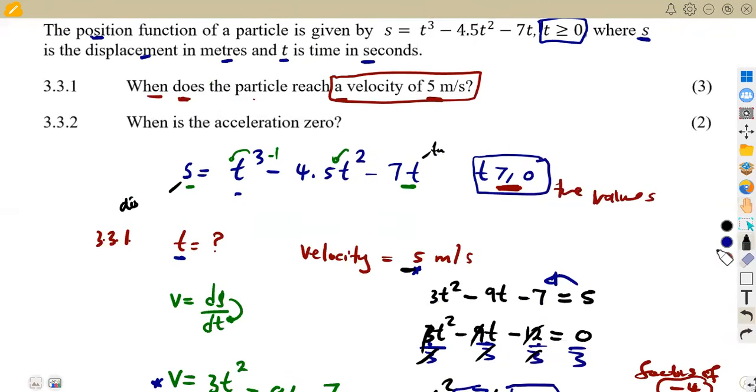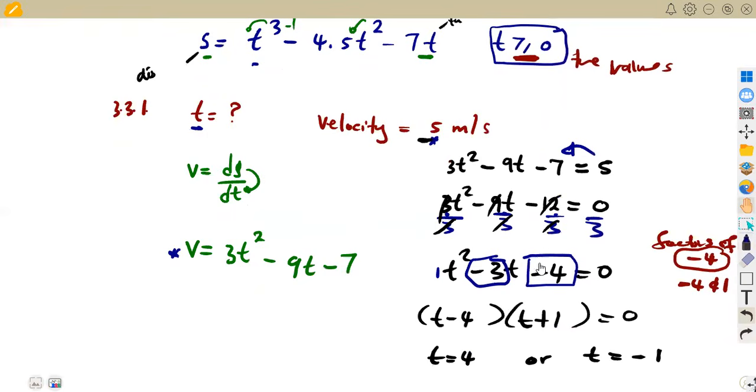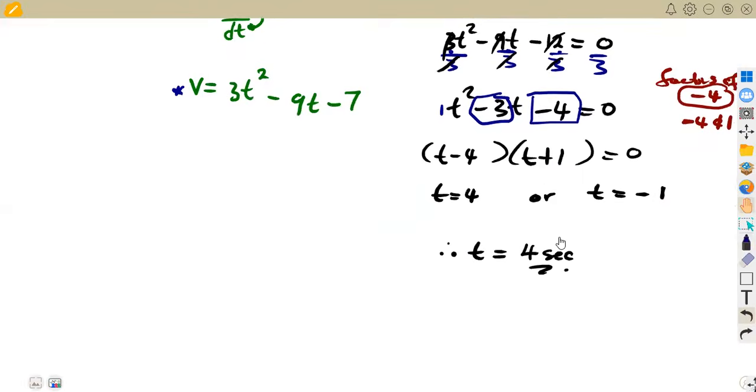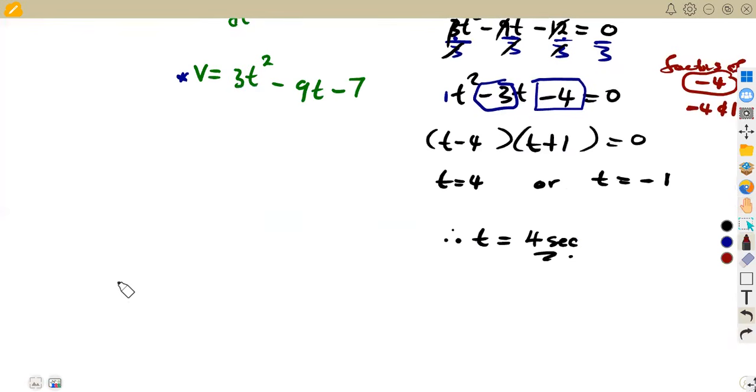On item 3.2, now they're asking, when is the acceleration 0? Another part again, when we're talking about time, but talking about what? Acceleration equal to 0. So we are finding the time when the acceleration is equal to 0.